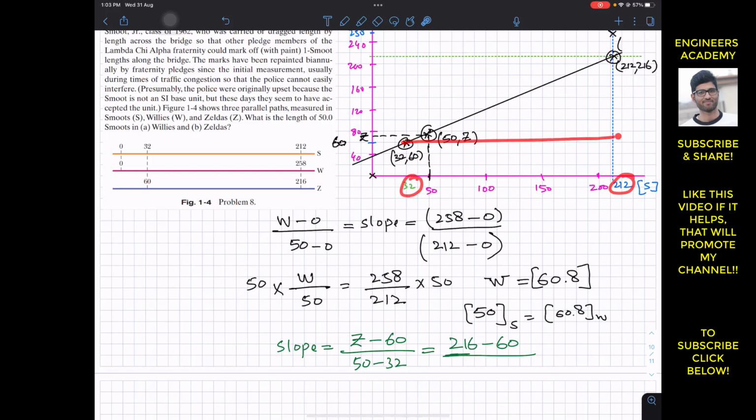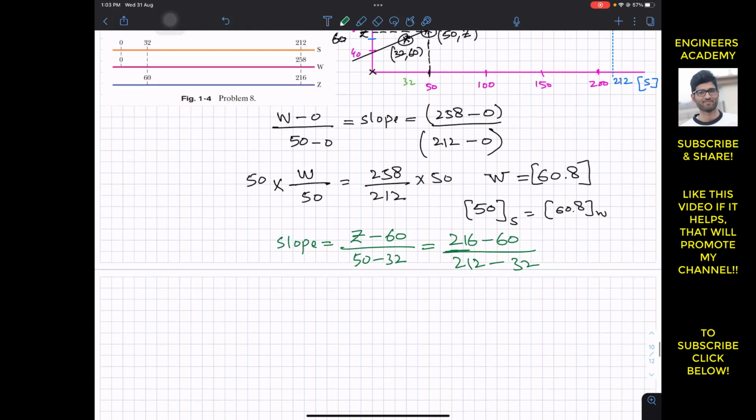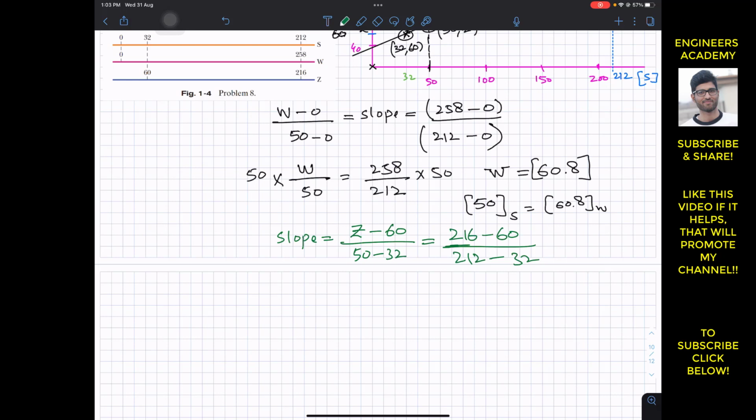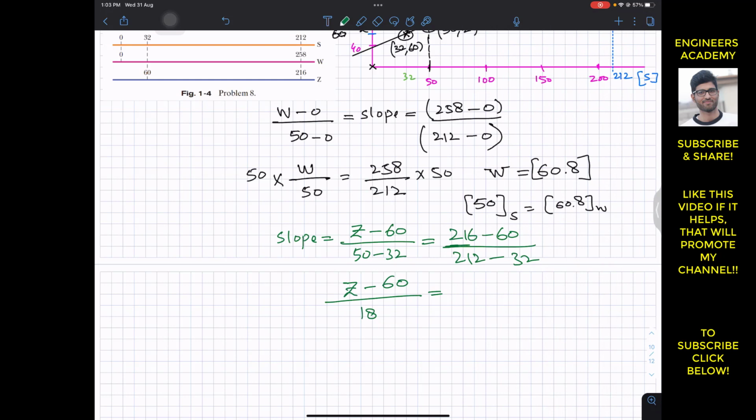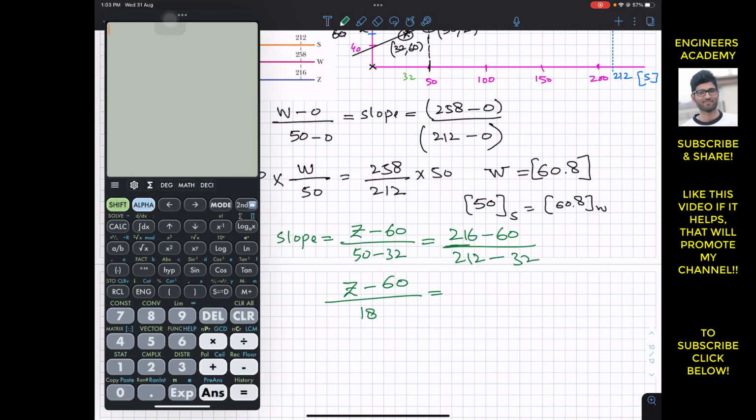Now let's simplify this. This is z minus 60 over 50 minus 32, which is 18, and this is equal to 216 minus 60 divided by 212 minus 32.